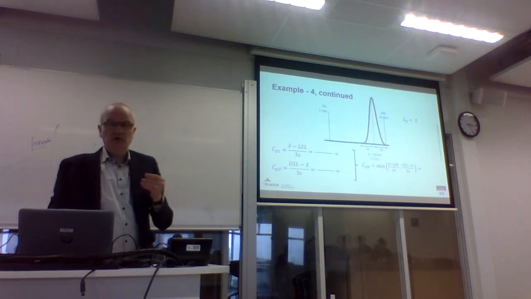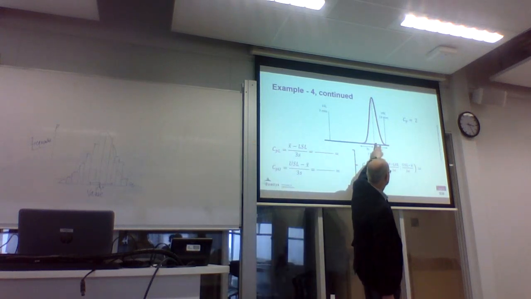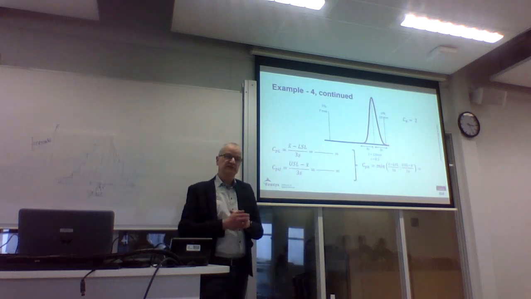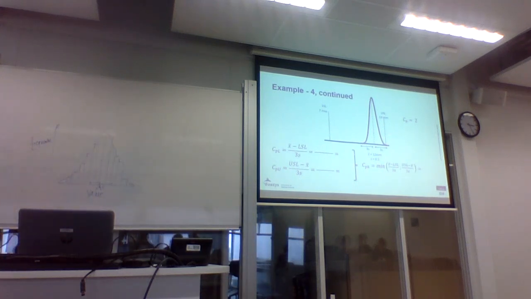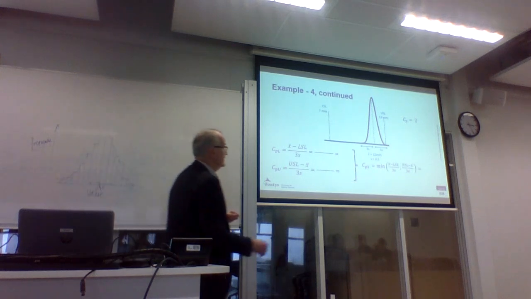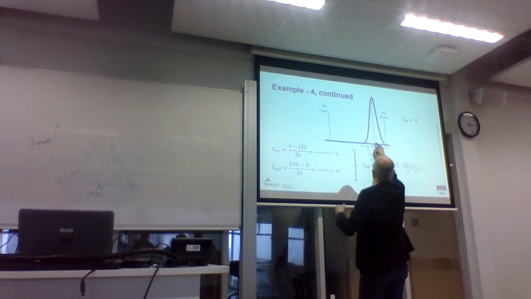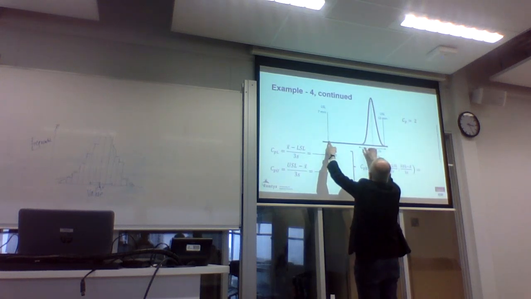So how inaccurate actually is this? This is the way to calculate that. You're going to calculate two capability numbers, CPL and CPU: CPL for the lower limit and CPU for the upper limit. For the lower limit, you're checking how far this distance is compared to 3S.